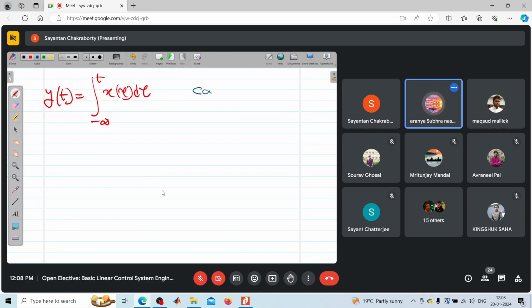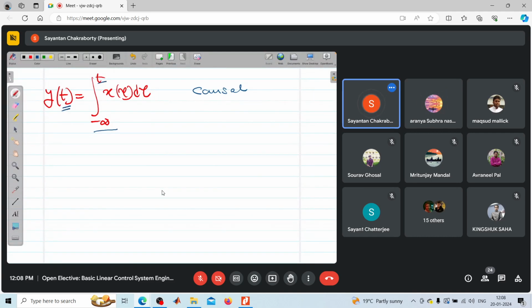No, see, I already mentioned this distinction; this classification is entirely independent. Forget about time dependent or time invariant, whether it's causal or not. See, the integration is from minus infinity to t.